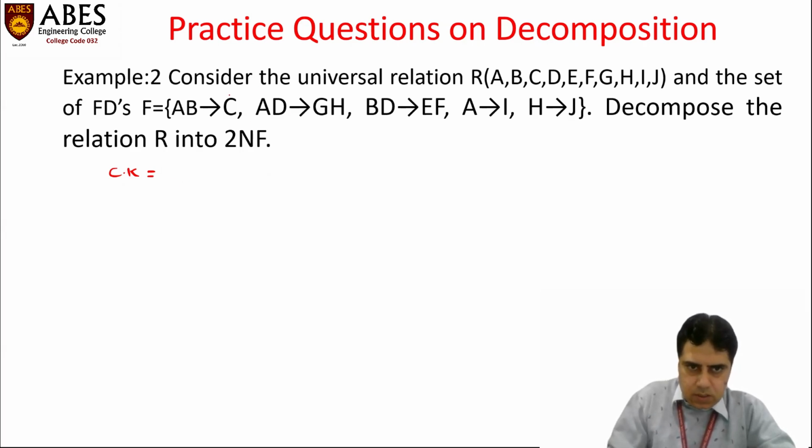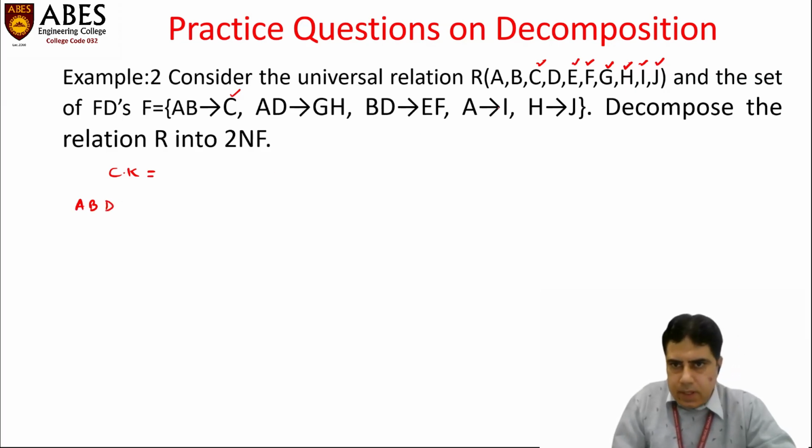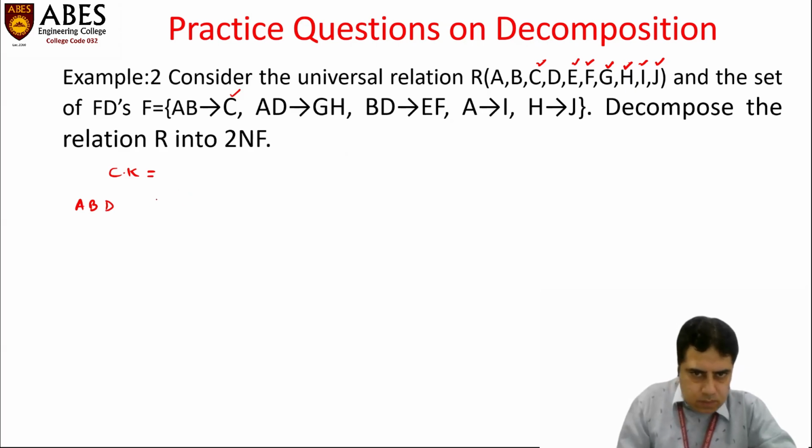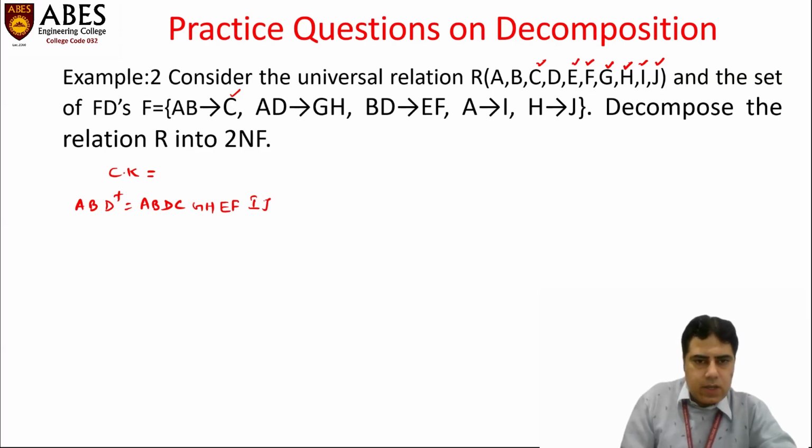The attributes on the right-hand side are C, G, H, E, F, I, J. The missing attributes are A, B, D. Now take the attribute closure of A, B, D. From AB we can determine C, from AD we can determine GH, from BD we can determine EF, from A we can determine I, and from H we can determine J. So we get A, B, C, D, E, F, G, H, I, J. We can determine all attributes. So the candidate key is A, B, D.